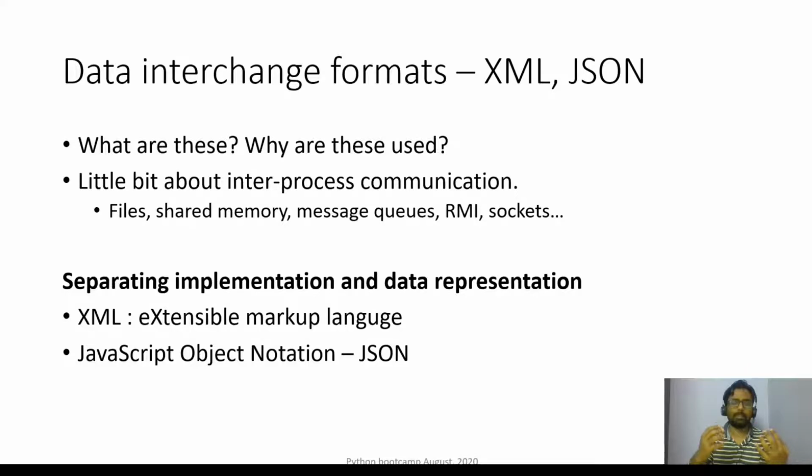One of them was XML. XML is nothing but extensible markup language. We'll look into that in a while. JSON is nothing but JavaScript Object Notation. It doesn't mean that only JavaScript uses it, it is just that the idea of JSON was incubated in the JavaScript world. That is why it is called JSON. Well, it doesn't matter.